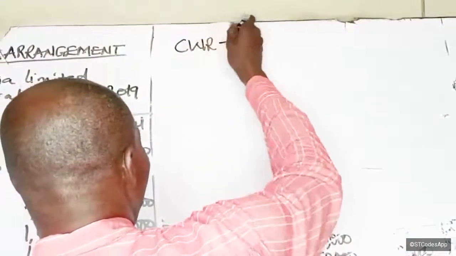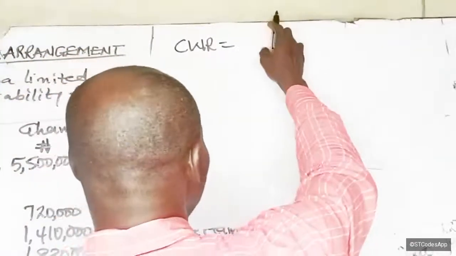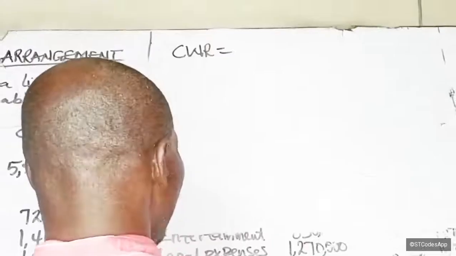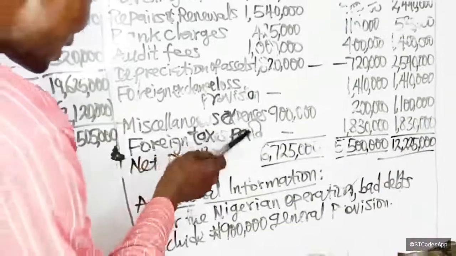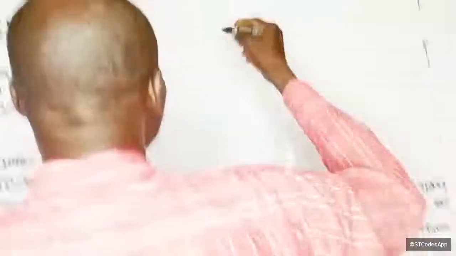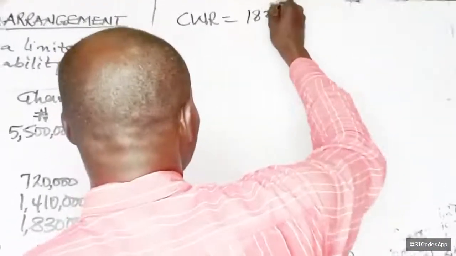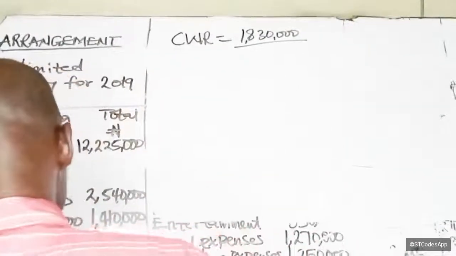Remember, I've told you to compute the Commonwealth rate of tax, you have tax paid or payable in the foreign country. How much is the tax suffered in Ghana? Then you have foreign taxes paid, 1,830,000. The tax paid in Ghana is 1,830,000 over total profit in Ghana. And how much is the total profit in Ghana?